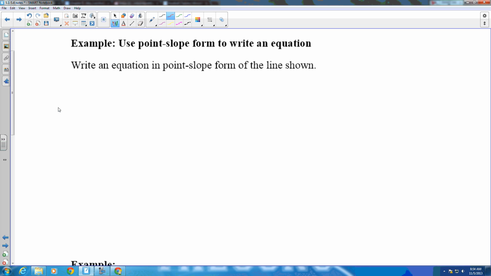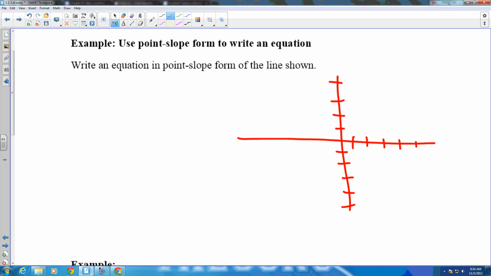Write an equation in point-slope form of the line shown. The line did not show up, so let's graph it. Okay, so there's a point at 1, 1 and -1, 3.